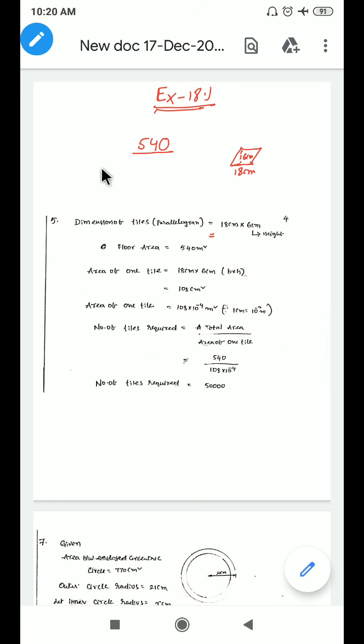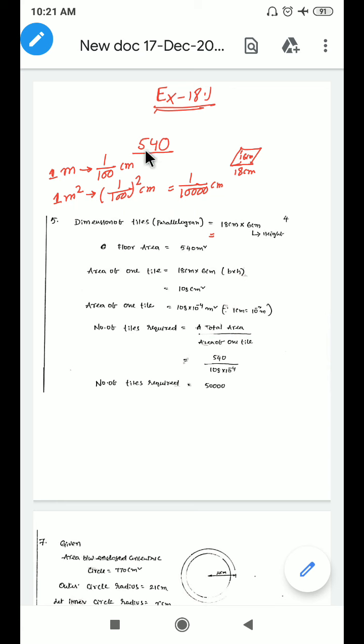We know how to convert meter to centimeter. 1 meter is equal to 100 centimeter, so 1 centimeter is 1 by 100 meter. Then to convert centimeter square to meter square, you have to multiply by 1 by 100 square, that means 1 by 10,000. So if you divide this number by 10,000, it will convert to meter square.